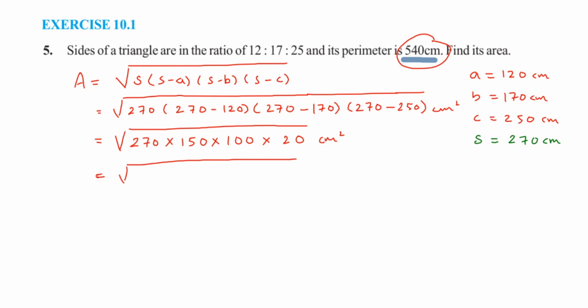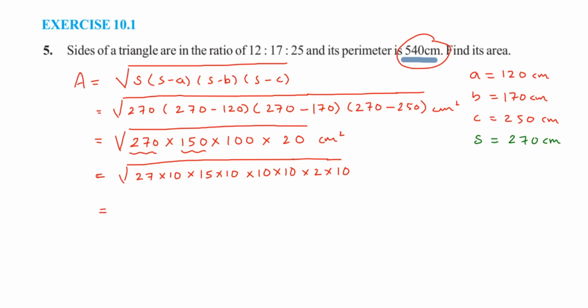So let me expand: 270, 150, all these are divisible by 10. So we can write this as 27 times 10, and 150 as 15 times 10, and I can write 100 as 10 times 10, and I can write 20 as 2 times 10. So I'm trying to write this in terms of 10.